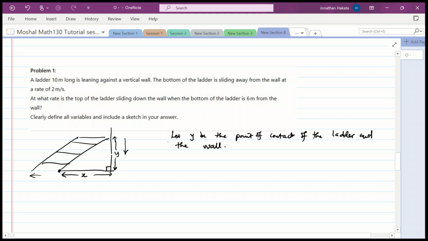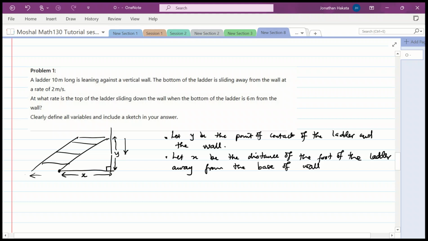And then also let x be the distance of the foot of the ladder away from the base of the wall.